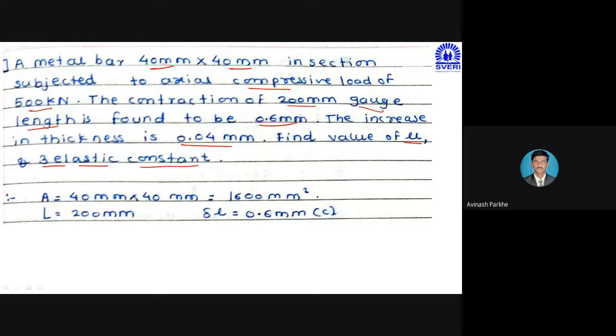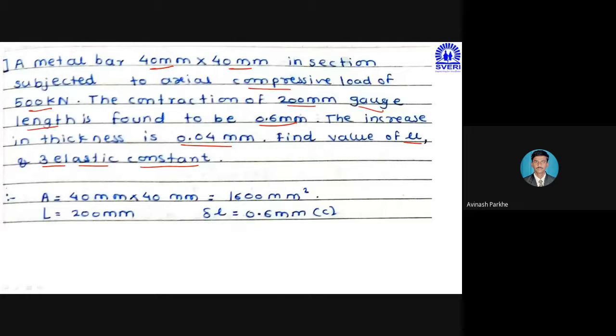Cross-sectional area, B and D, because the gauge length is separately mentioned in the statement. Therefore, 40 mm is equal to width B and the remaining 40 mm is the thickness, indicated by small t, or sometimes by D.